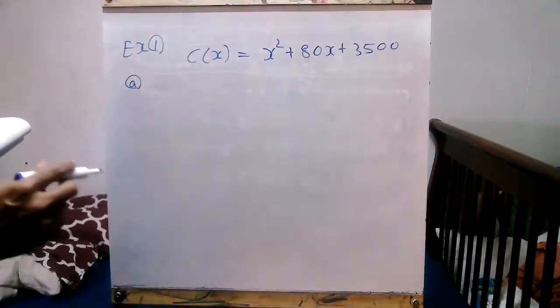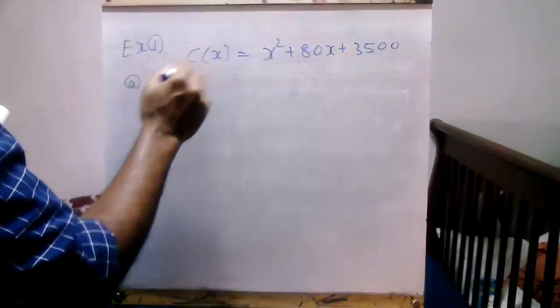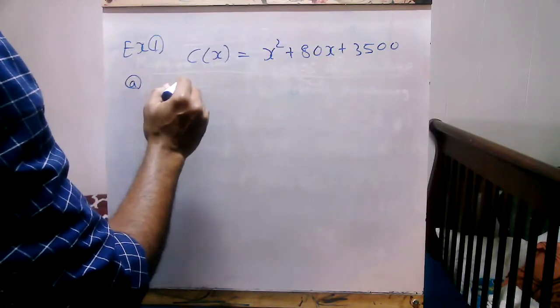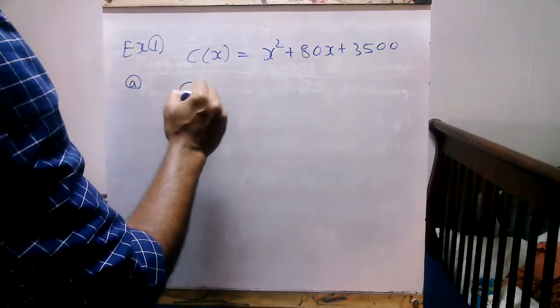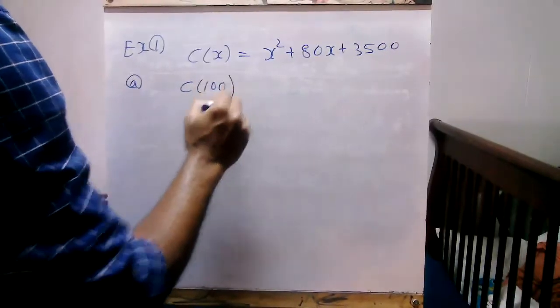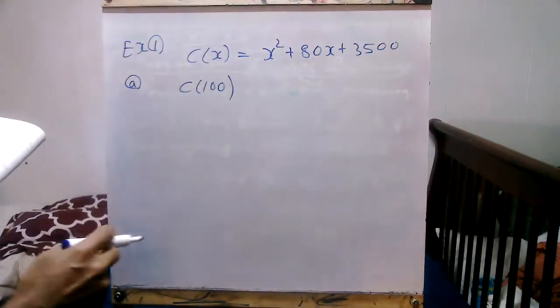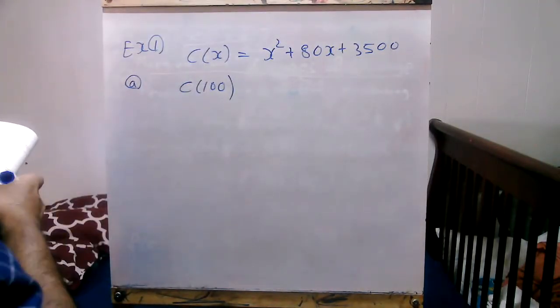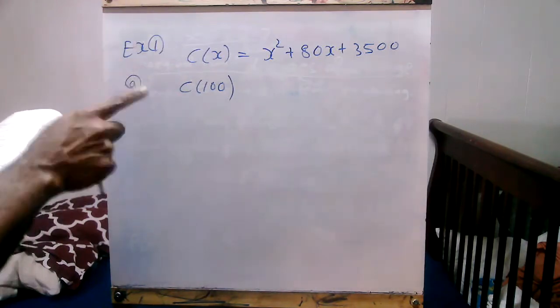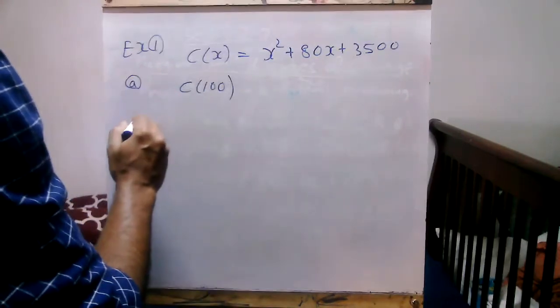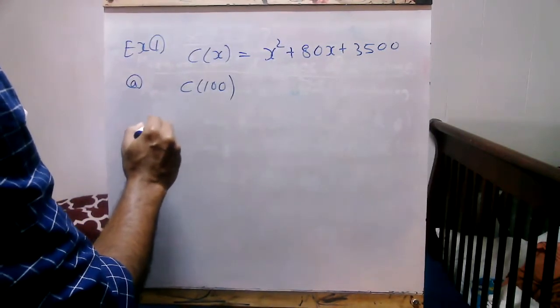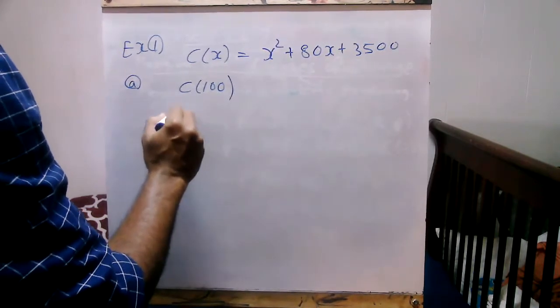The 100th radio. Now C of 100, let's see, what does this mean? This means producing 100 radios, right? It is not the 100th radio. So what is the question asking us to find? The 100th radio.